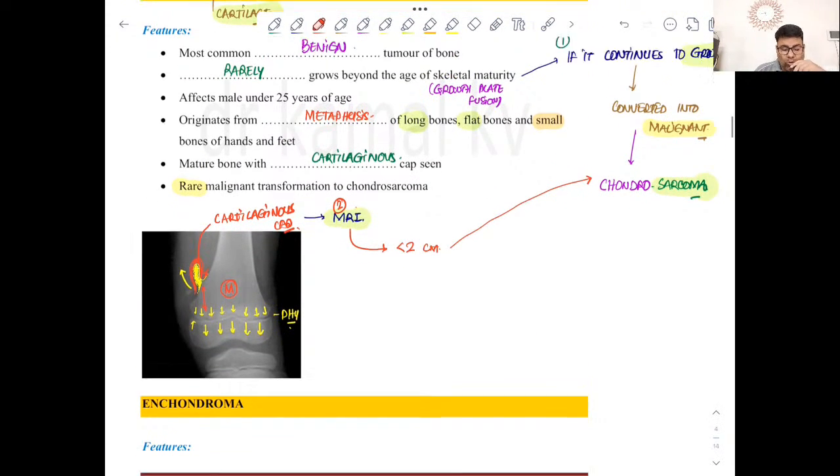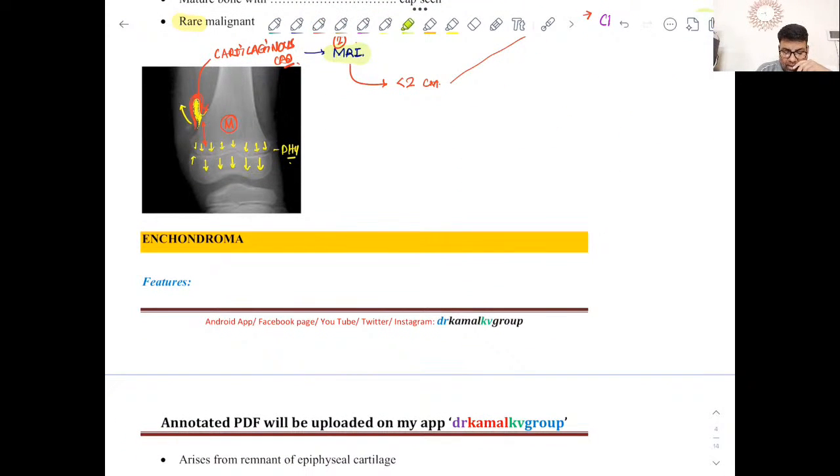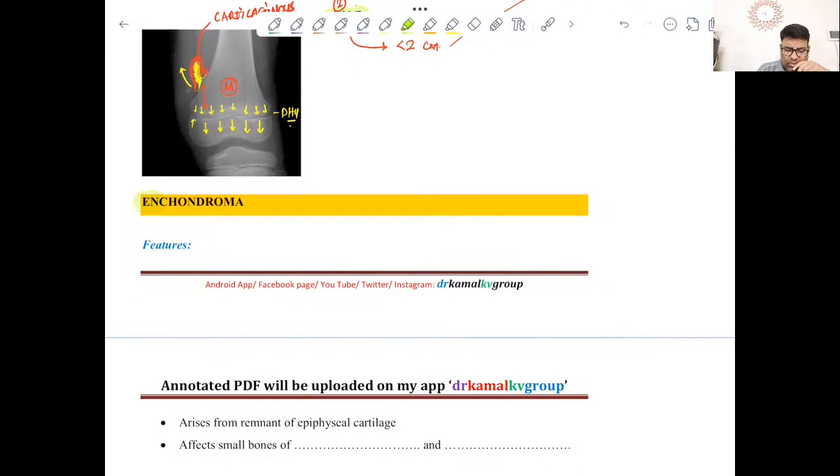Similar to osteochondroma, we have one more term, and this is enchondroma. Okay, so almost similar sounding, osteochondroma, enchondroma. Now for enchondroma, you have to remember only one thing: the moment you have an X-ray of hand which is showing two features, osteolytic lesion, and you can see an expansile lesion.